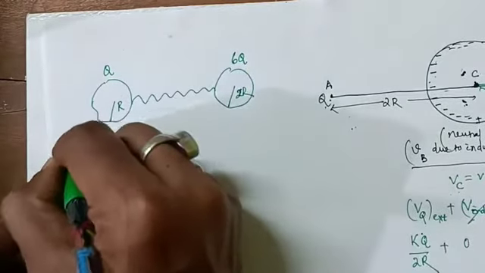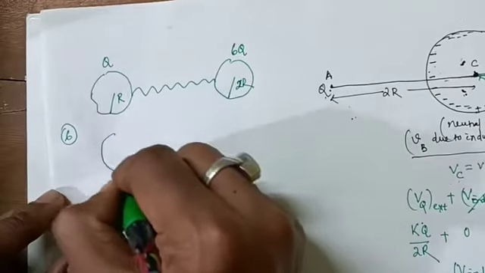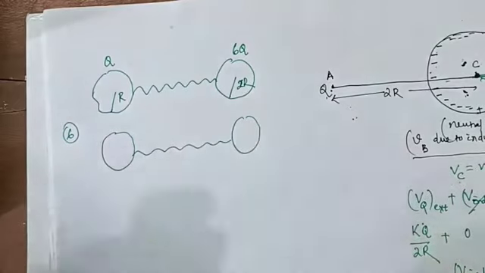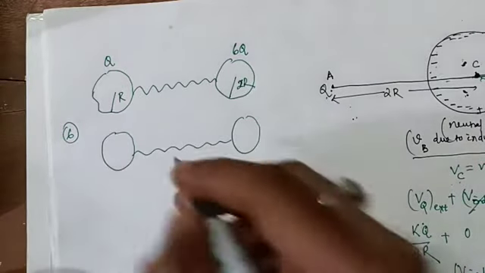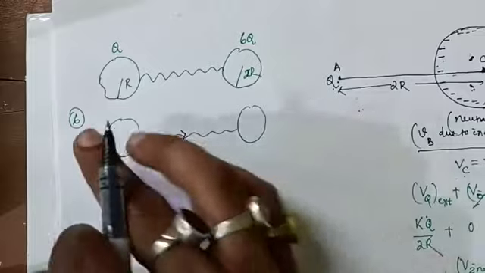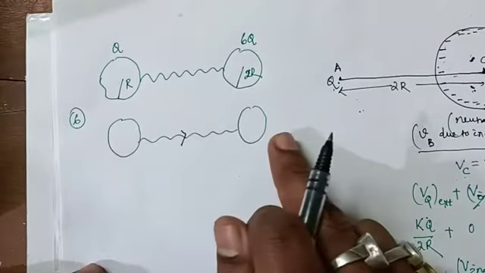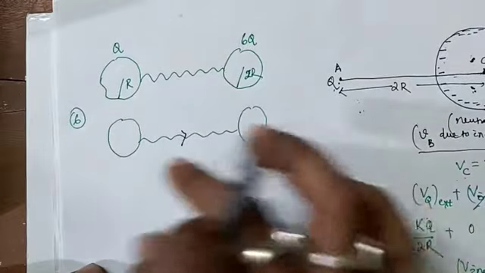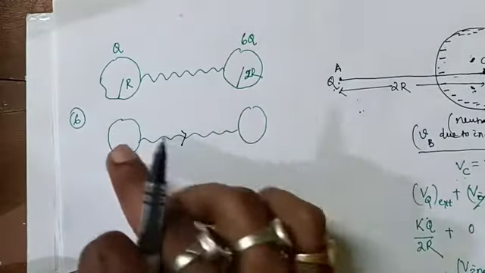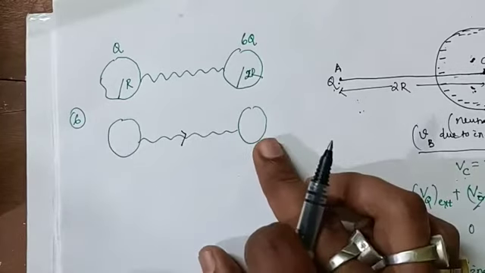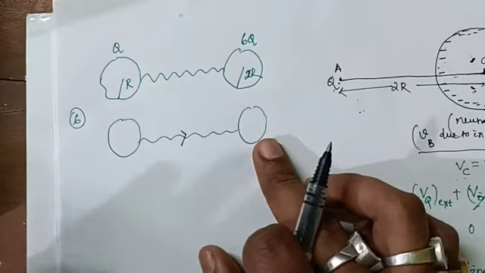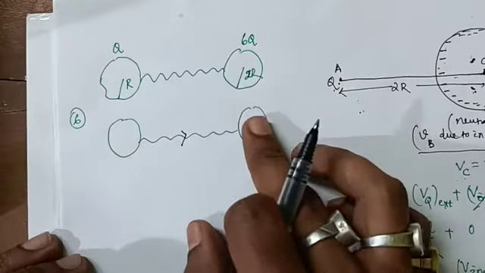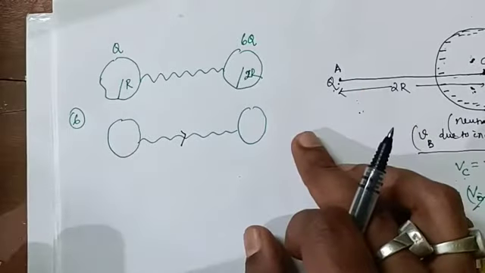What does the sixth property say? If two conductors are connected through a conducting wire, charge can flow from one conductor to the other until the potential of the two conductors remains the same. If the potential of this conductor equals the potential of that conductor, then the charge flow stops.